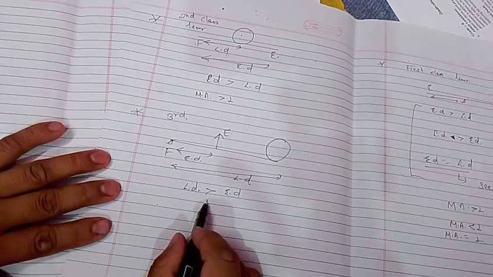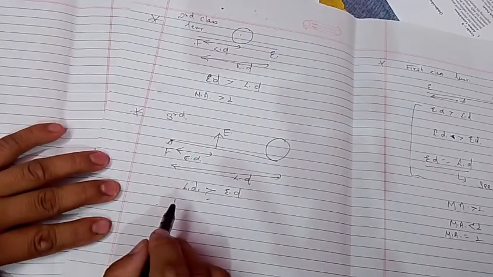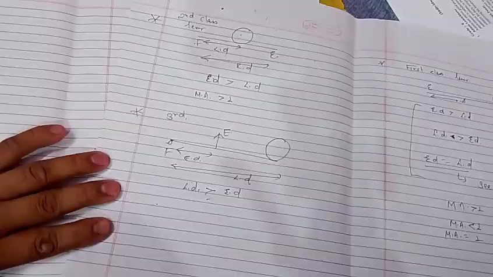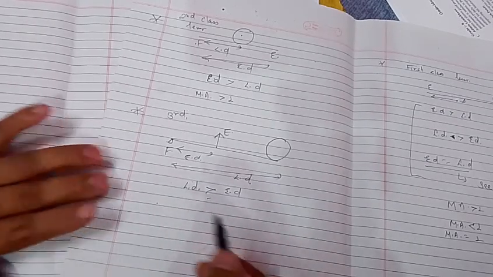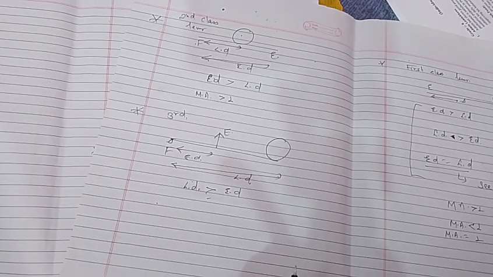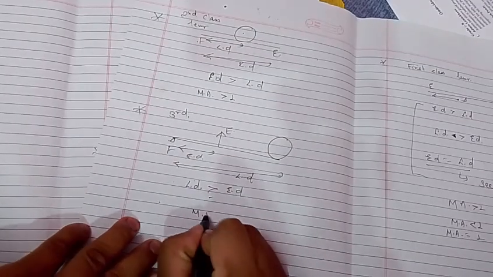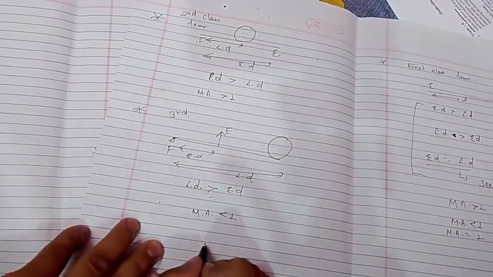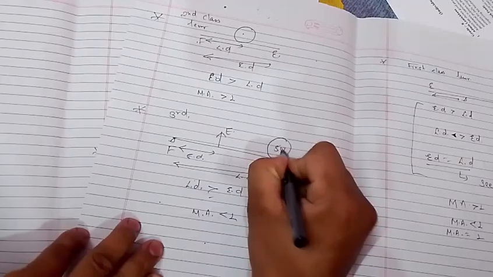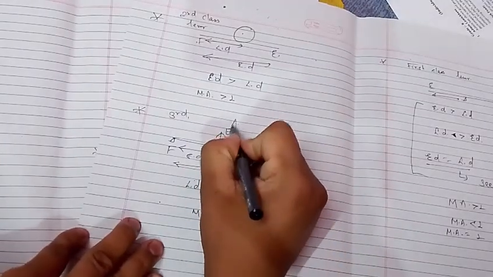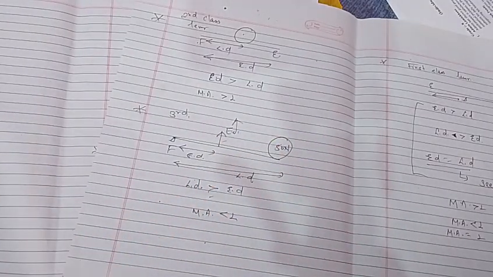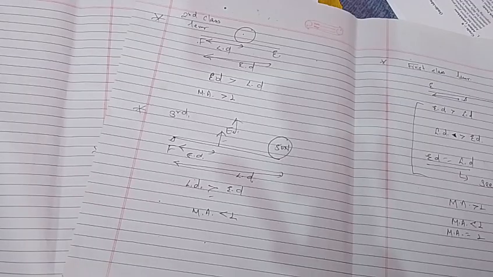So we say third class lever helps in speeding up the work, or it increases the rate of doing work. Here MA is always less than 1. To lift this 50 Newton weight, we have to apply more effort over here, because effort distance is less than load distance. This much about the simple machine.